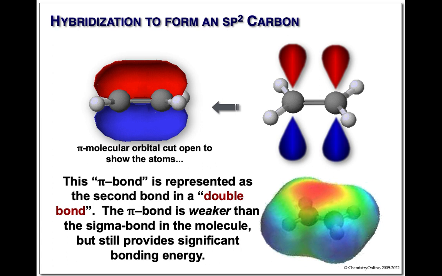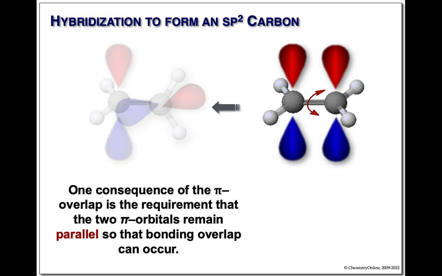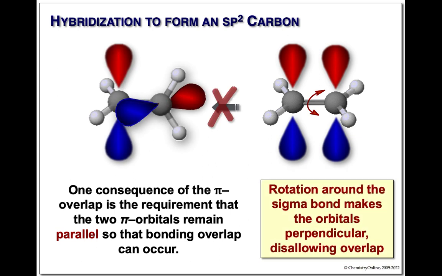So if I took this sigma bond and I simply rotated things like this, I would get this. These are at right angles to each other, and they cannot overlap. So this is very high energy, this is very low energy. Interesting consequence here.